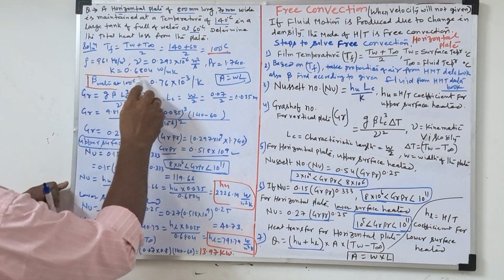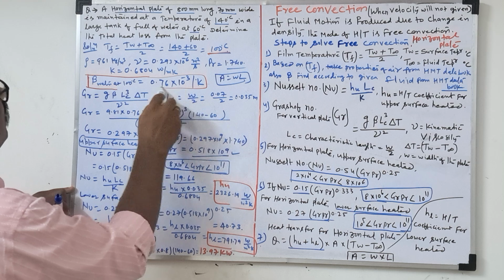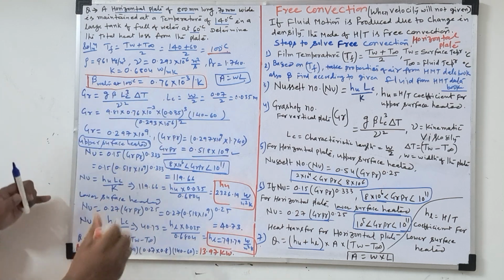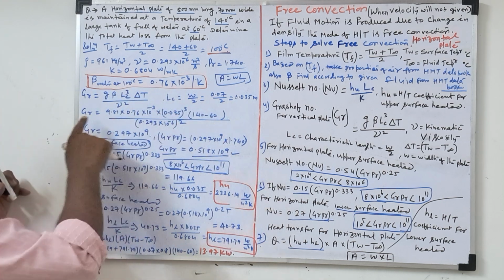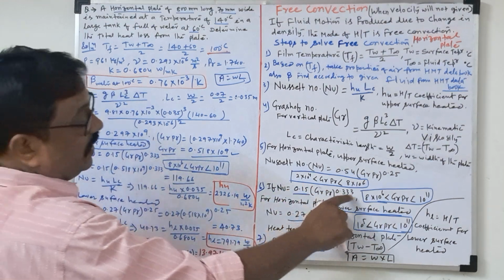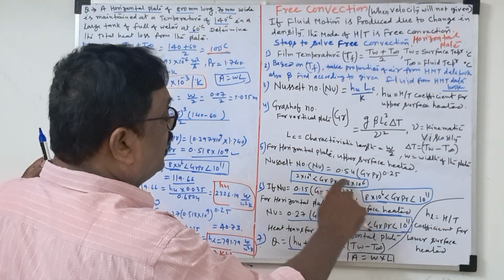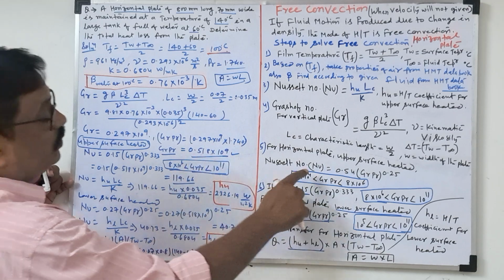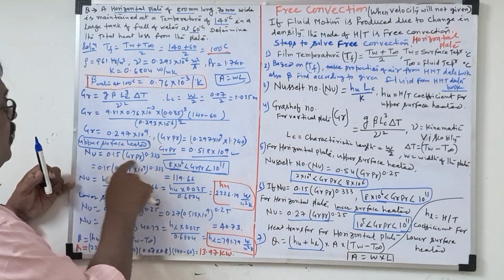Then critical thickness is width by 2. Then we find GR, then the product, then we see the Nusselt number range, which belongs to this Nusselt number formula.